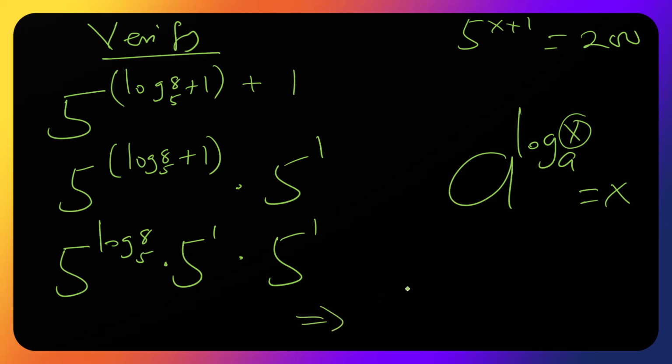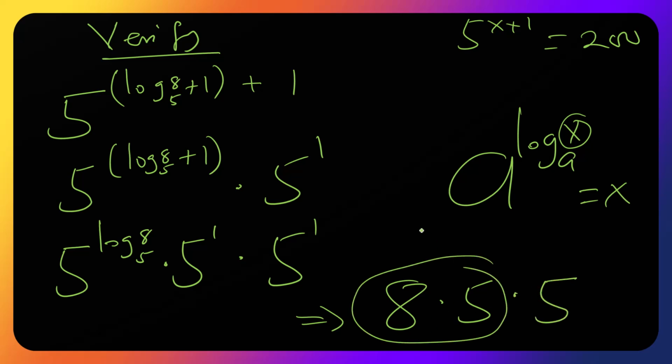So that would be 8 times 5 times 5. So 8 times 5 is 40, and 40 times 5 will be 200. All right. So that's the answer.